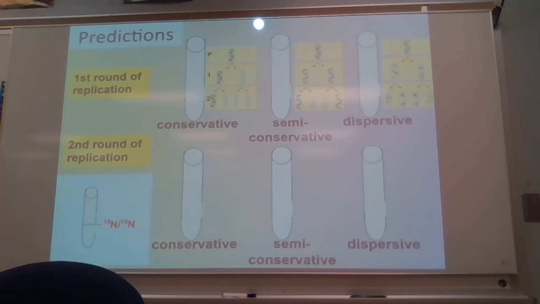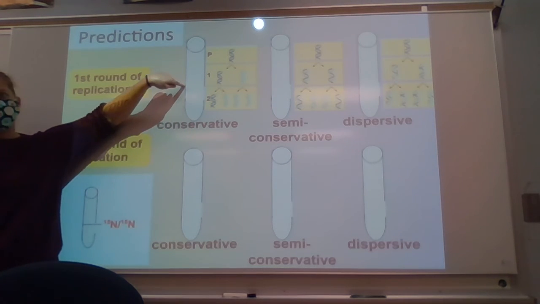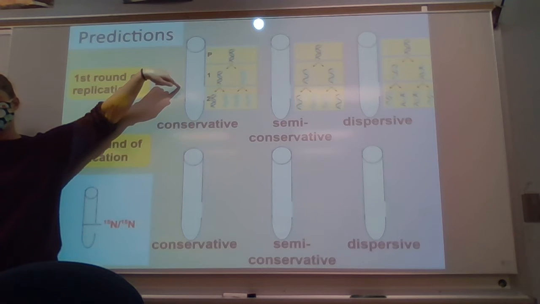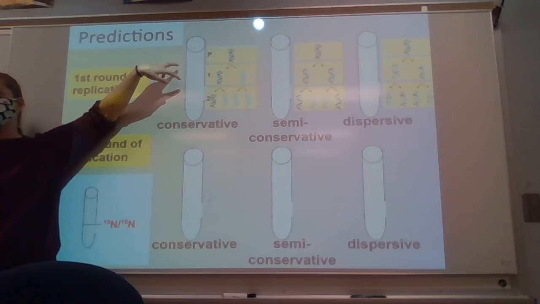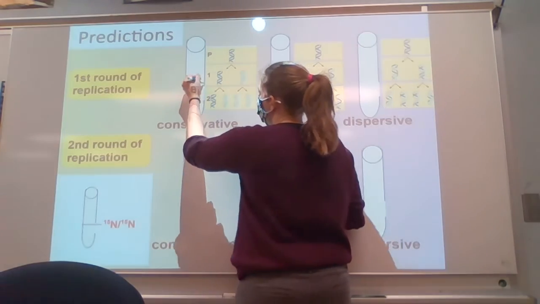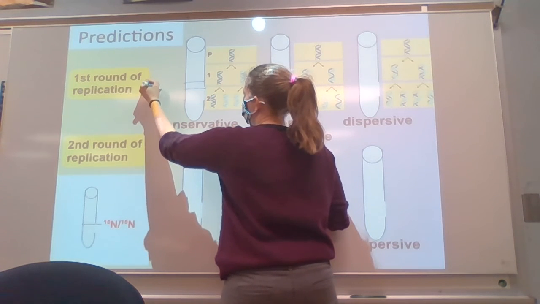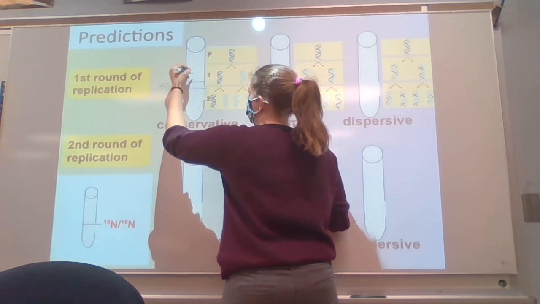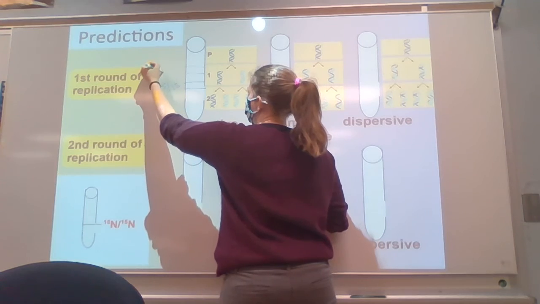So if we're looking at the conservative model, after the first round of replication, what band would we expect to see? Which of those 3 bands? Yeah. The very top and the very bottom, because the DNA is going to be all old or all new.